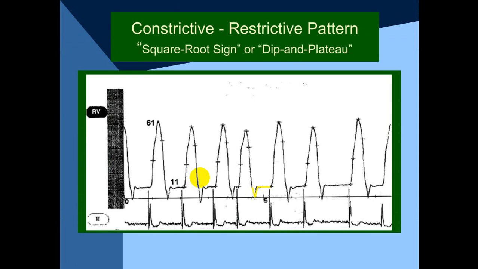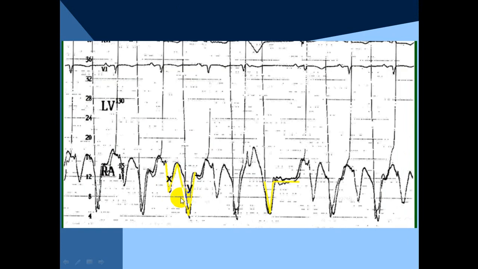In both constrictive pericarditis and restrictive cardiomyopathy, the same pattern is seen in the angiography: the dip and plateau, or what is called the square root sign. Both of them show this in the angiography.